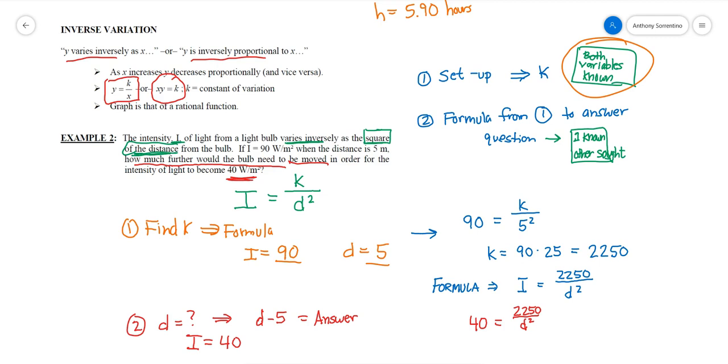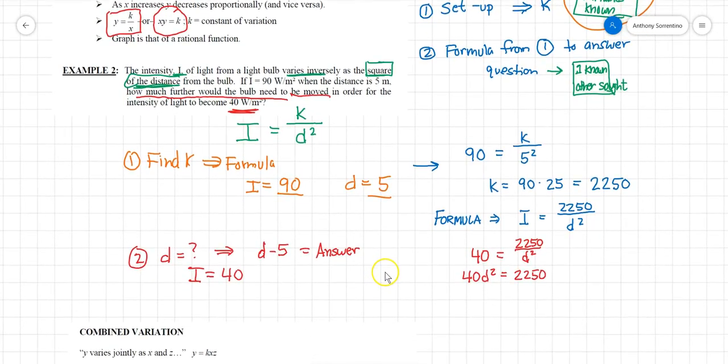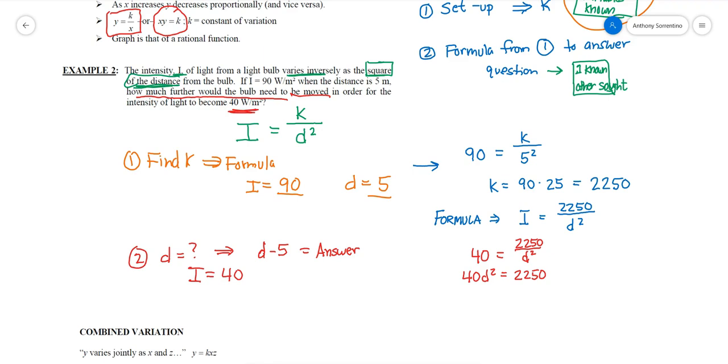So cross multiplication is something you should kind of still know, but on the same token, if I want to get d alone on one side of the equation, it should also be in the numerator. I'd multiply both sides by d squared. I would divide both sides by 40. 2,250 divided by 40 is 56.25.